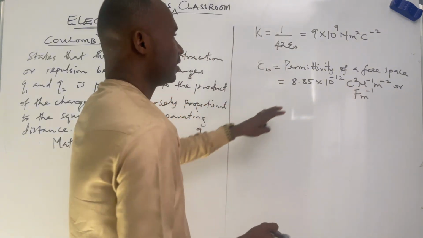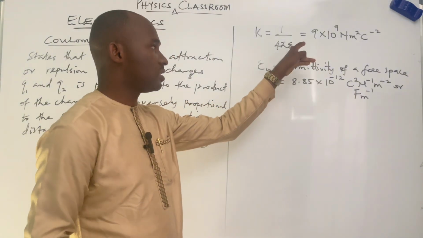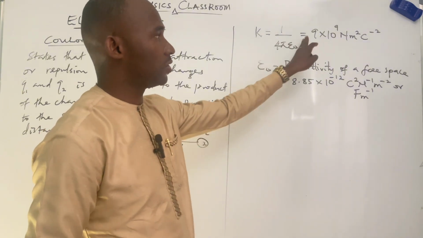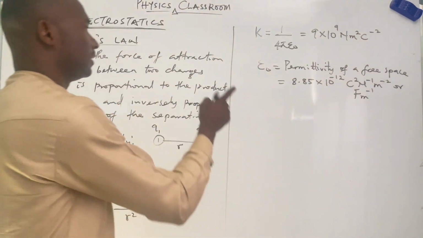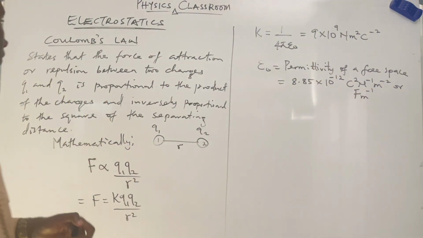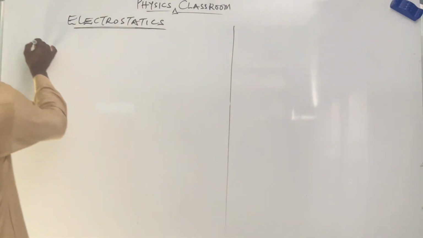Take note of this. If you substitute this value here and you point your calculator, you will definitely get 9 times 10 raised to the power of 9. That's how it works.